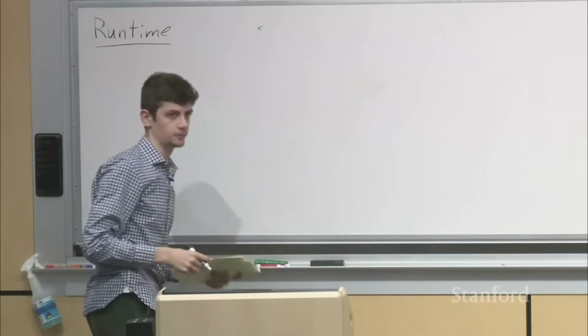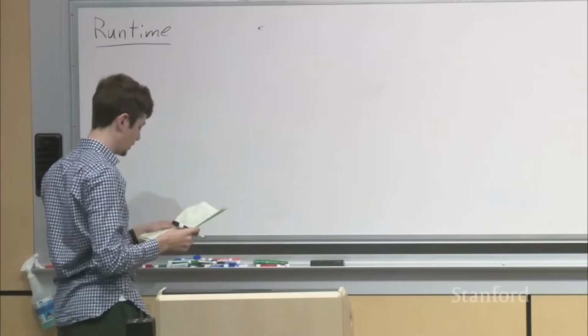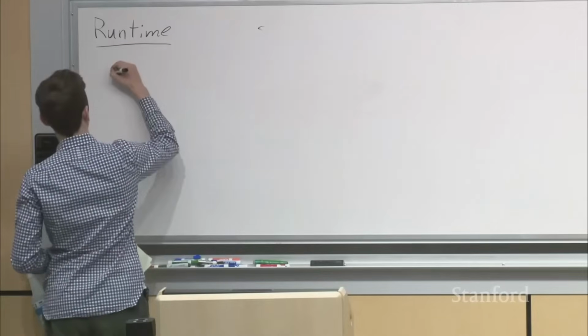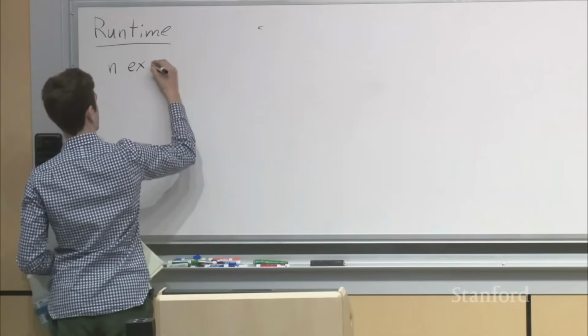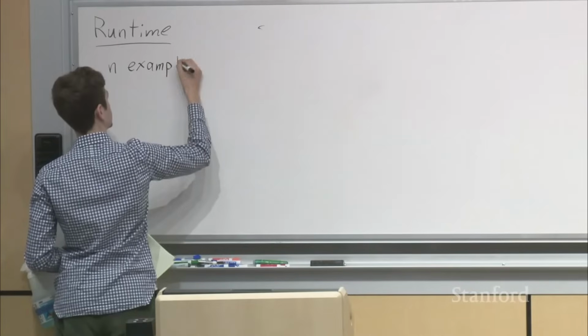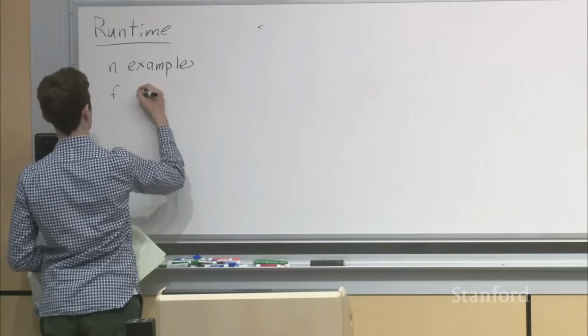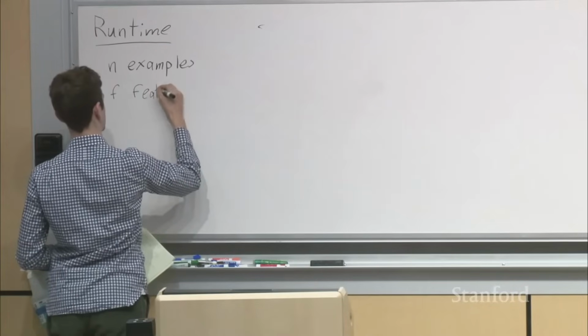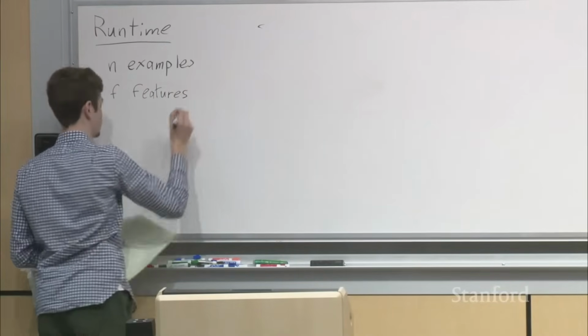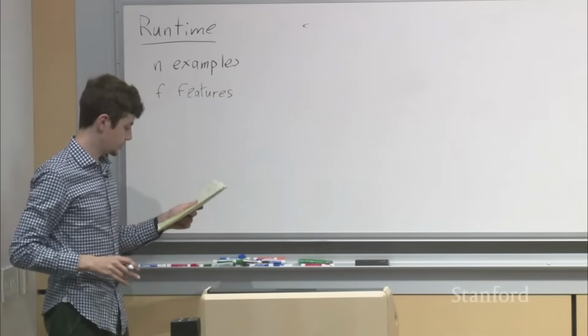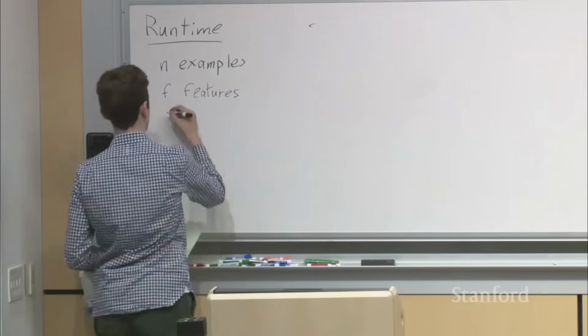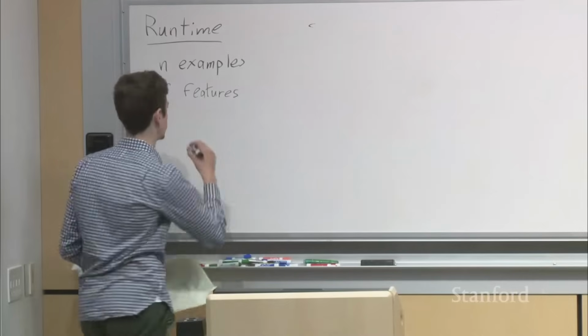It'll be useful to define a couple of numbers at this point. Say you have n examples. You have f features. And finally, say the depth of your tree is d.